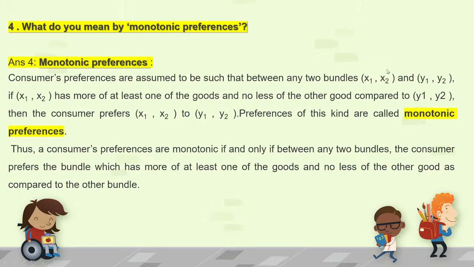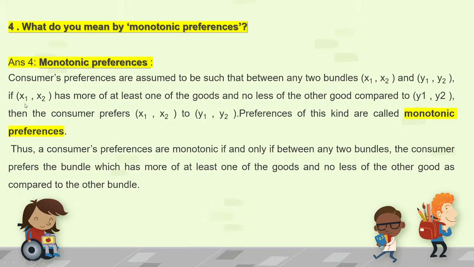If the first bundle, x1 comma x2, has more of at least one of the goods and no less of the other good, meaning the situation is beneficial because both goods are available in good quantities, whereas in the other bundle, y1 comma y2, the situation is not as beneficial.